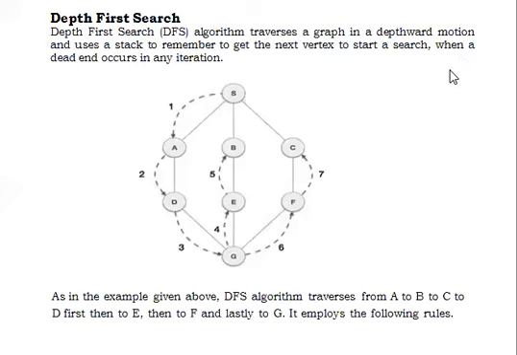The next topic is the operation of graph. In this operation of graph, first one is depth first search. The depth first search traverses a single path of graph as far as it can go, until it visits a node with no successor or a node all whose successors have been already visited.